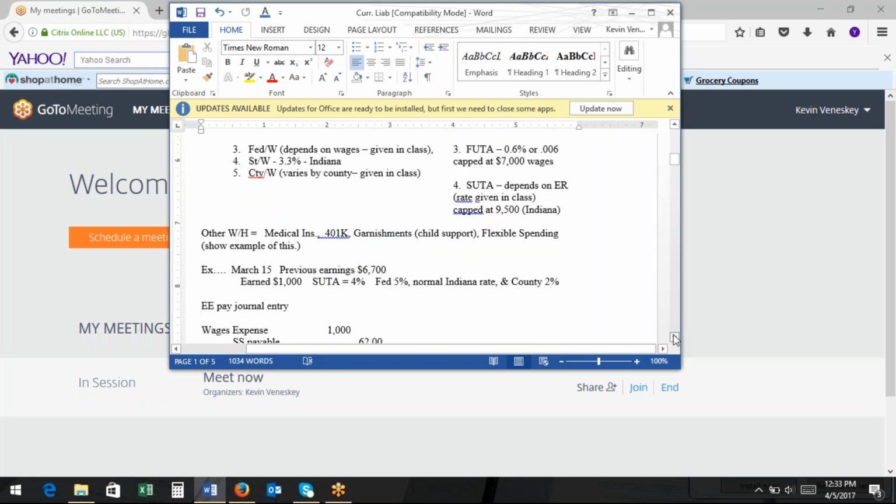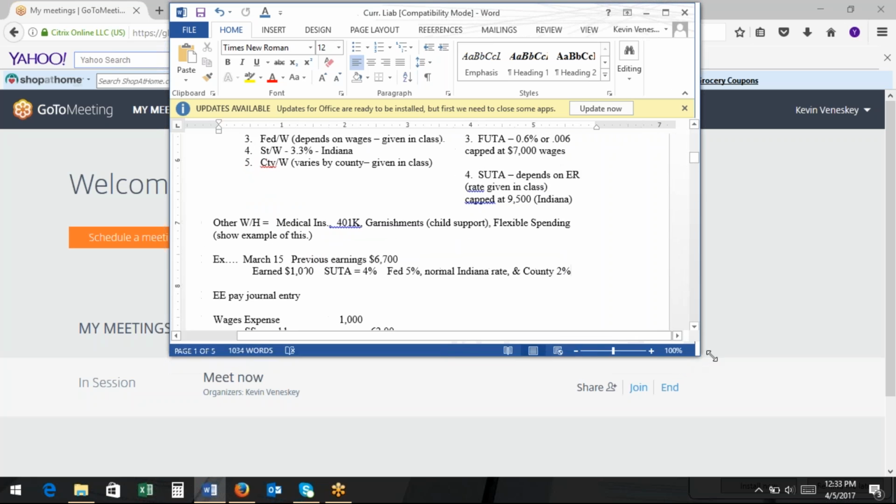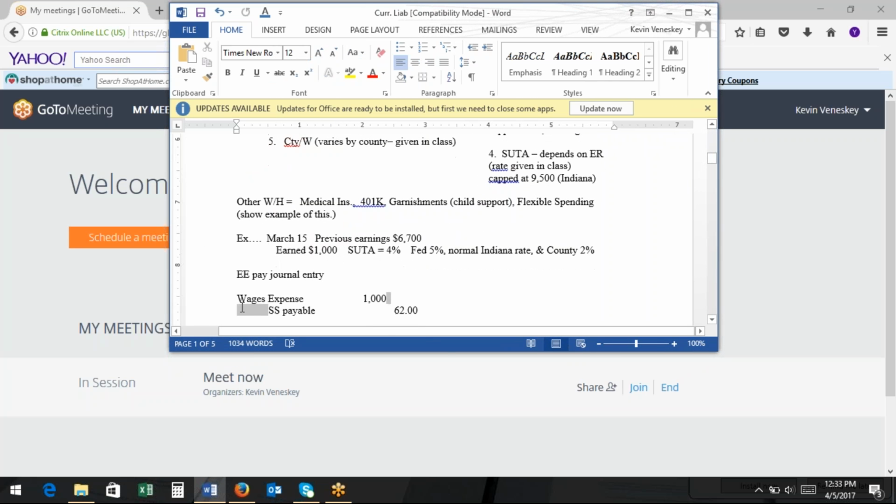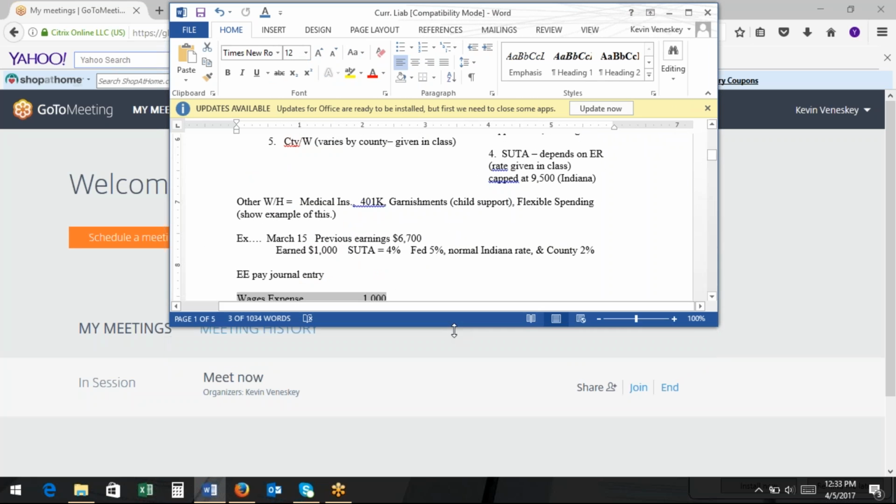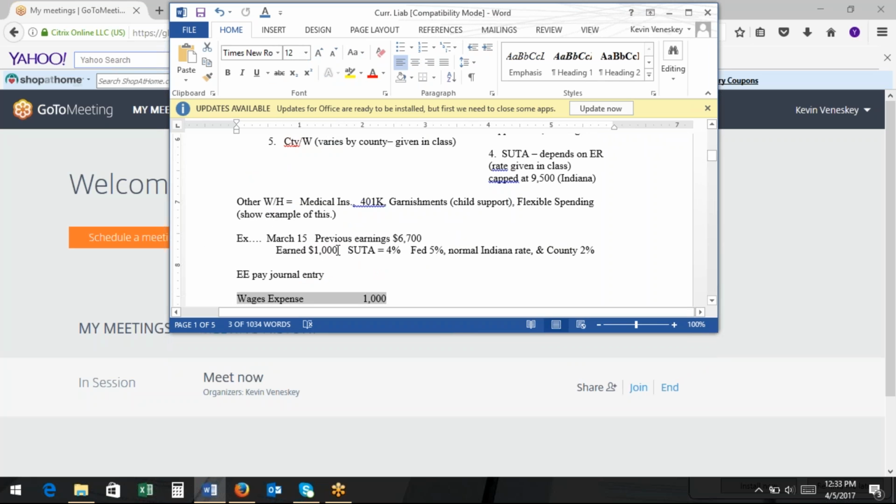So as we go through now to do the journal entry, the first thing that we do is the same as we've always done. We do a wage expense for how much was actually earned by the employee. So I told us we had earned $1,000.